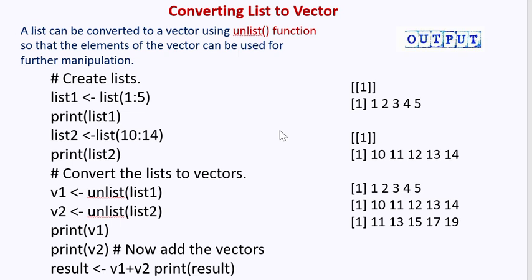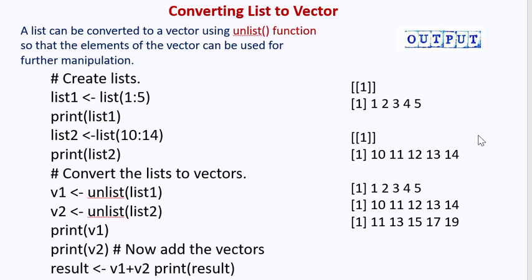Now list 1 and list 2 are ready, and we just printed these values, and you can see the sequence in the output. The expected output is here: 1, 2, 3, 4, 5 is stored in list 1, and 10, 11, 12, 13, 14 is stored in list 2. Now we are going to perform a mathematical calculation of addition, adding the first element of list 1 to the first element of list 2, and so on.